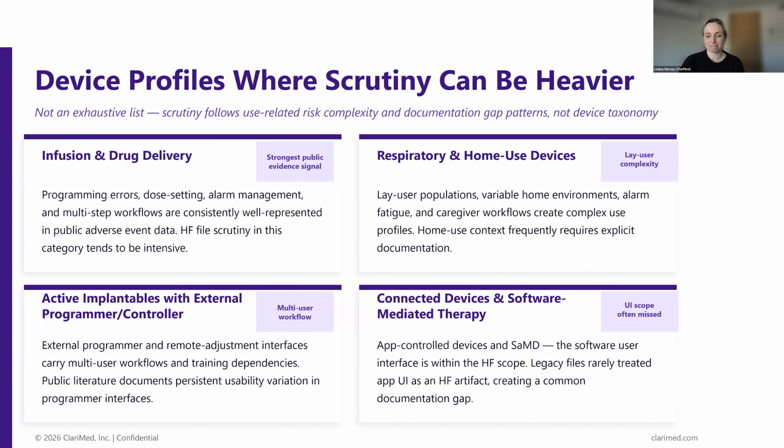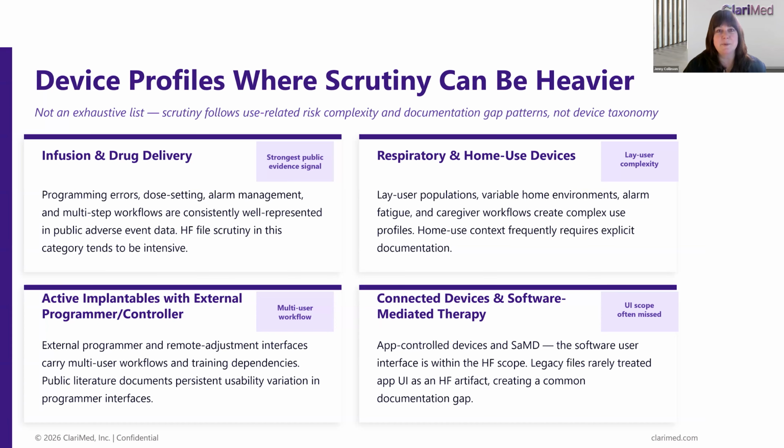Yeah, so I was just going to say, whenever you've got a device for multiple users, you need to make sure that you've considered both of those user groups. This is why it's important to have appropriate segregation in your user groups, so that if you have a screen being used by a surgeon and also by a nurse, you're taking into account their different training, expertise and influences on the use of that product.